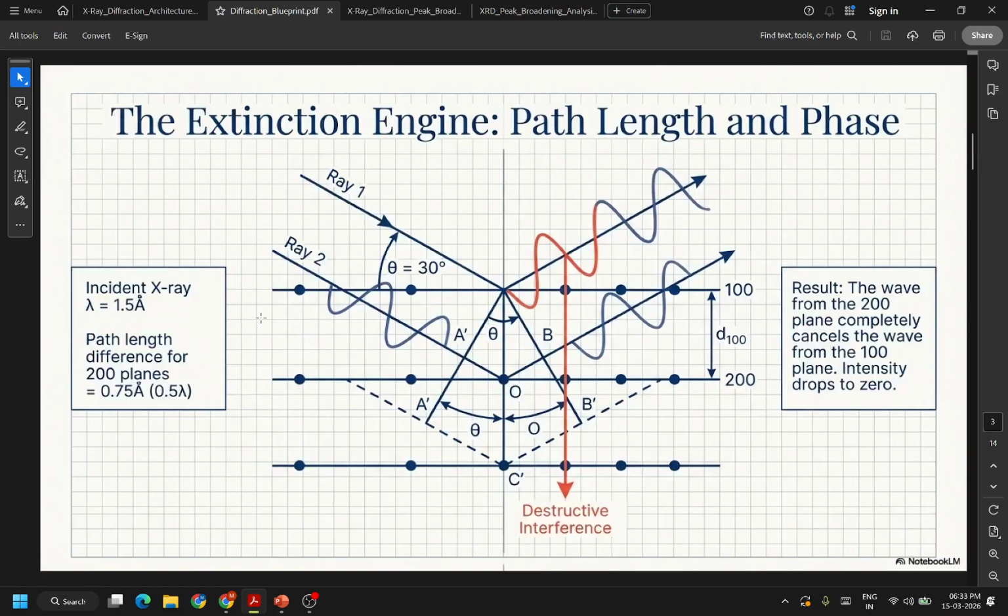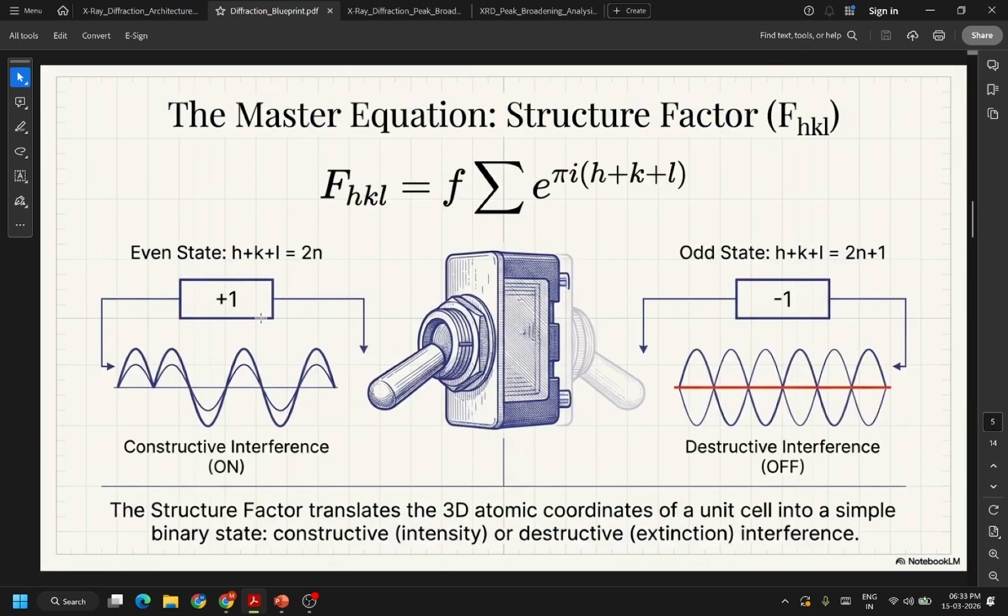If we add that, the final structure factor you will get is F_hkl equals f summation e^(iπ(h+k+l)). So if you have even h plus k plus l, then there will be constructive interference.